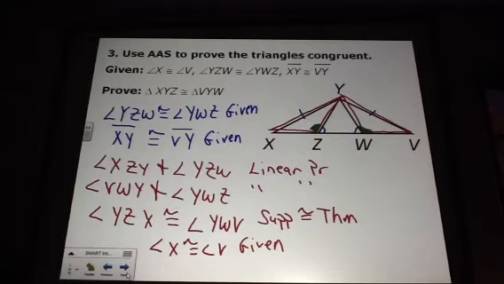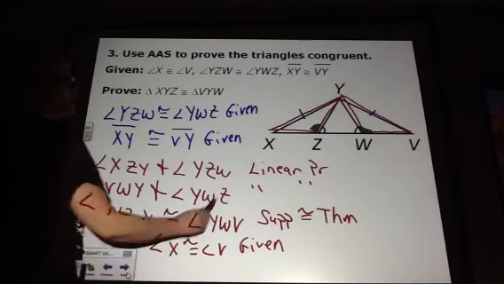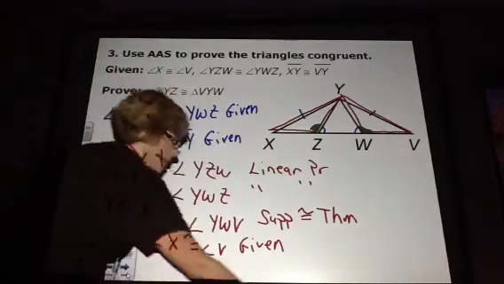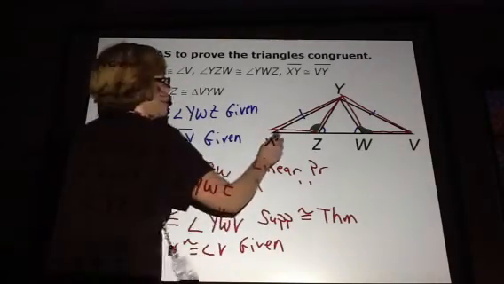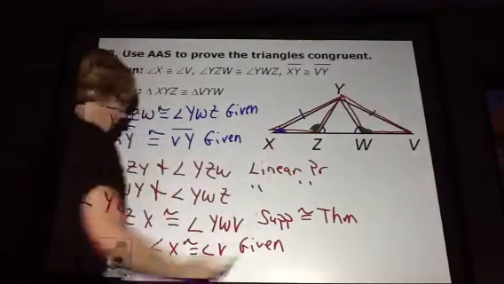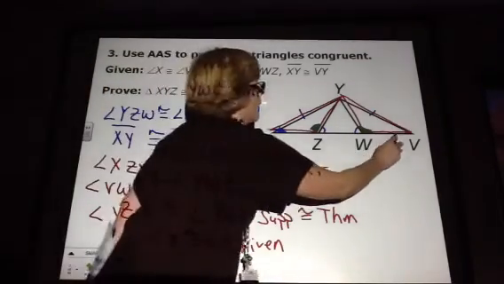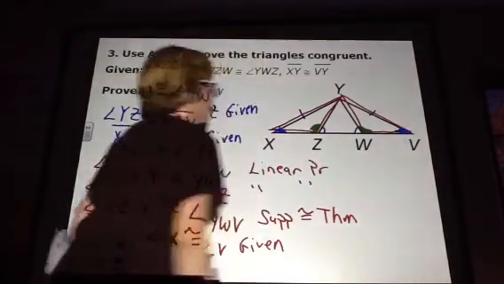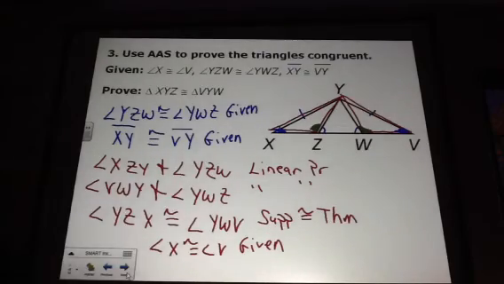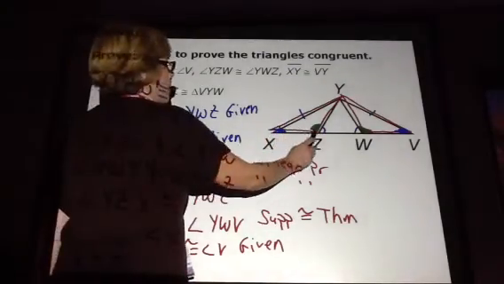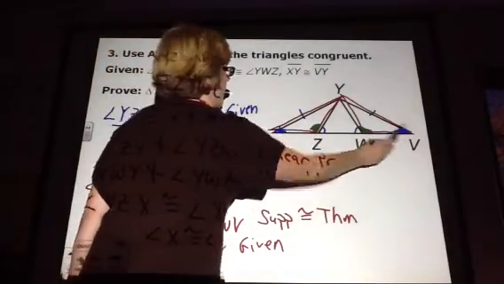All right? So we have a side, we have an angle. We also have angle X, which is, let's use blue, this angle, congruent to angle V, this angle, because it's given. So we have angle-angle-side.